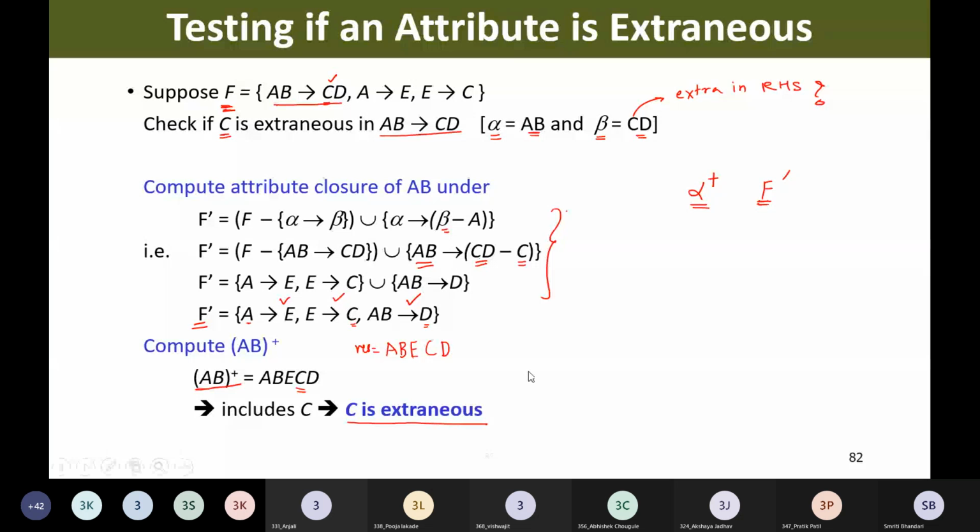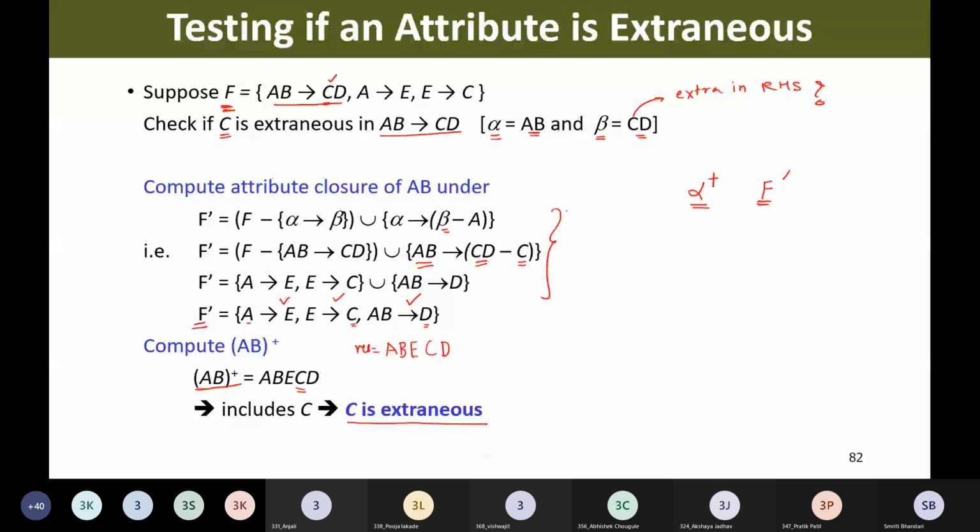Is there any doubt? This is how we need to solve the examples, and we need to check whether the attribute is extra in either the RHS or LHS. Right now we have seen the example wherein we tested the attribute in the right hand side of the dependency. So I'm now giving you an exercise, homework.